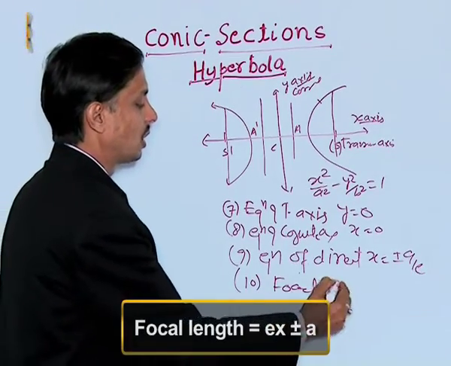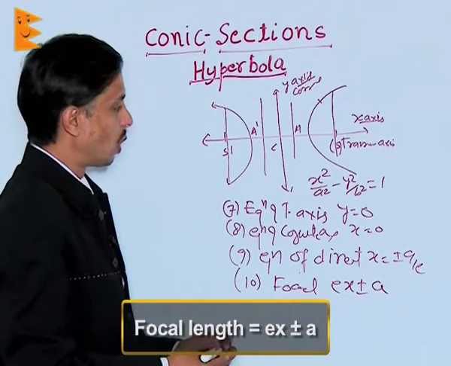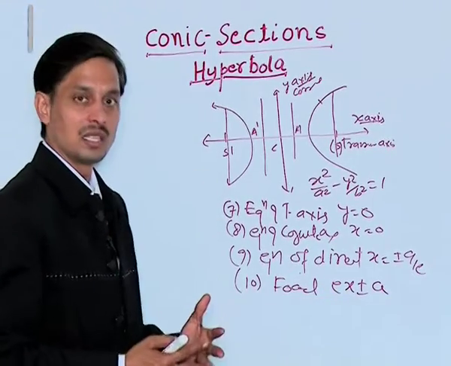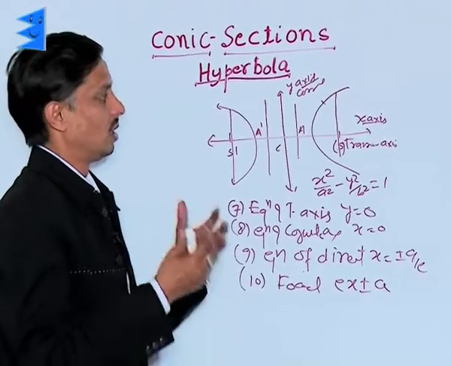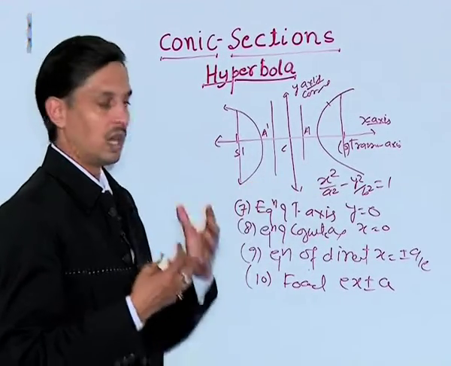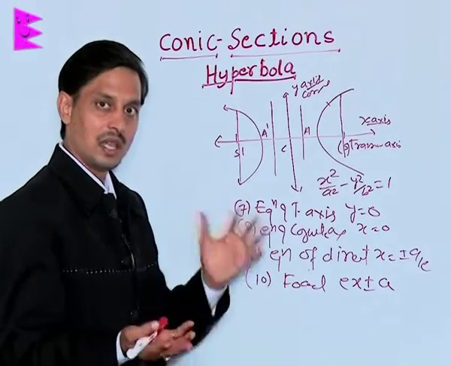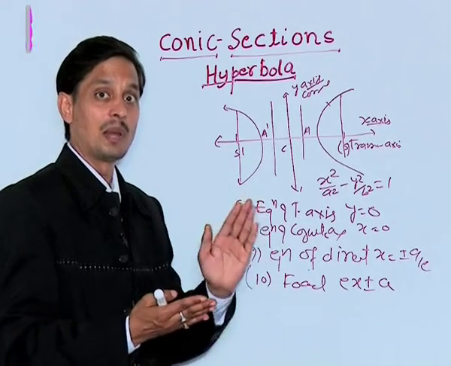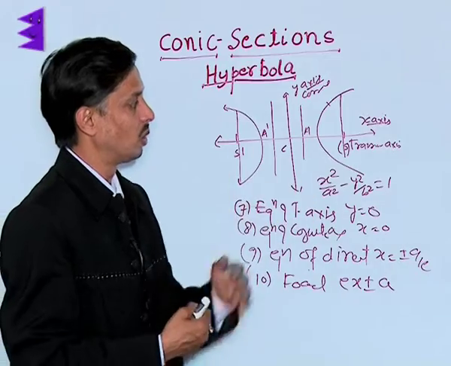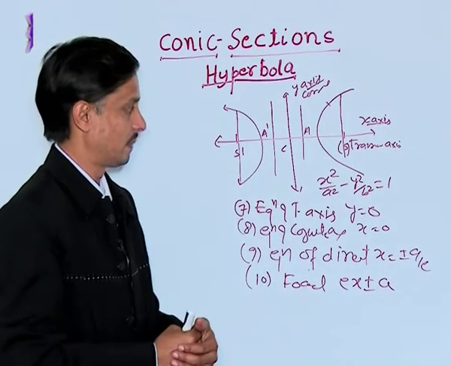The focal length in the case of the hyperbola is ex plus minus a. So vertex, focus, coordinates of the center, equation, length of major axis, length of minor axis, length of transverse axis: in the case of the hyperbola, the name major is given to the transverse axis and minor to the conjugate axis.